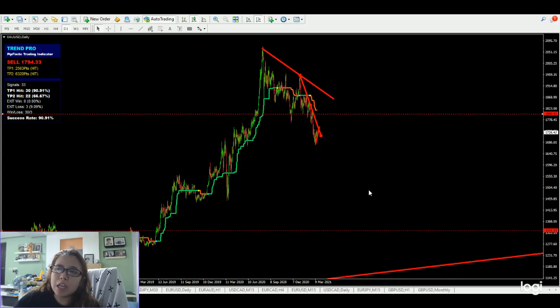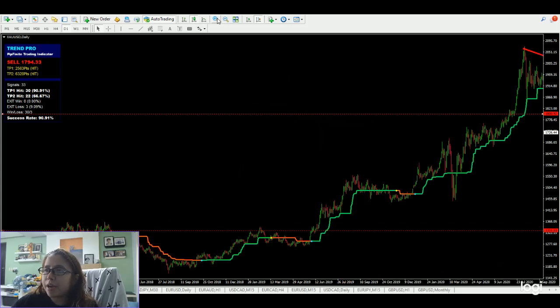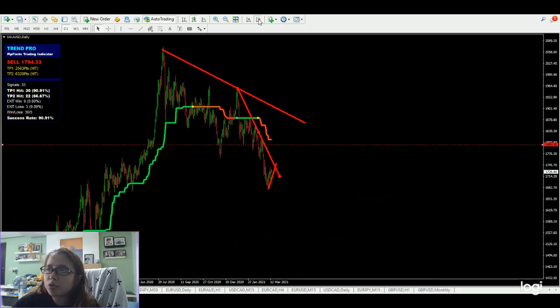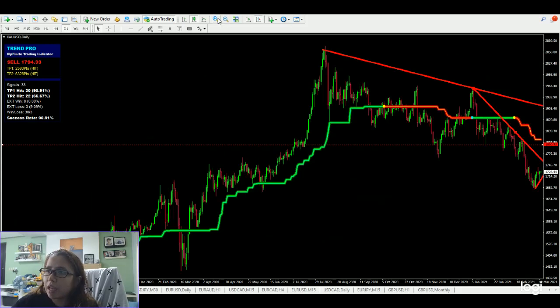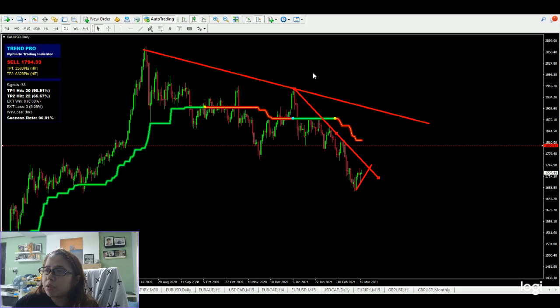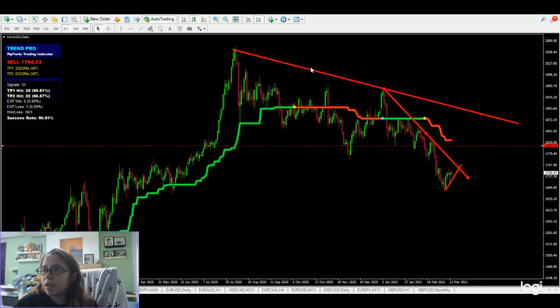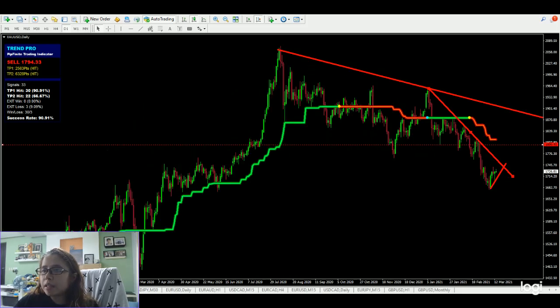So let's proceed. In gold USD for daily time frame, I'm also using my Trend Pro indicator for me to be able to determine the overall trend. So right now, we could see that the market is moving up.